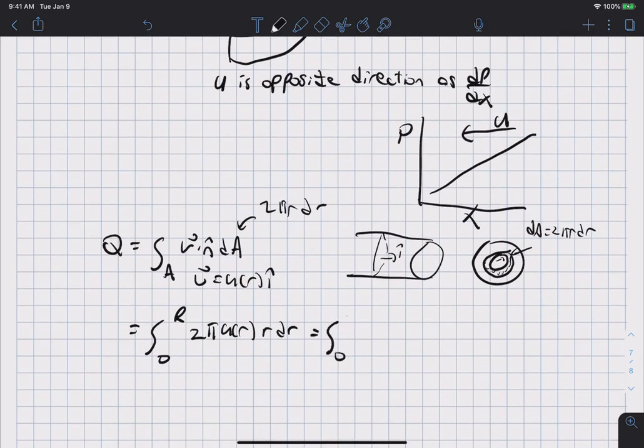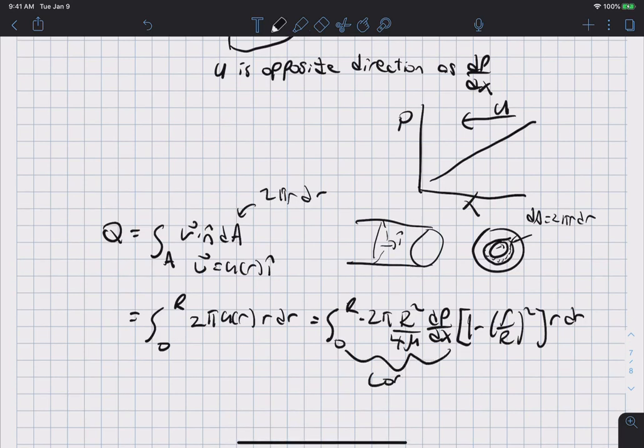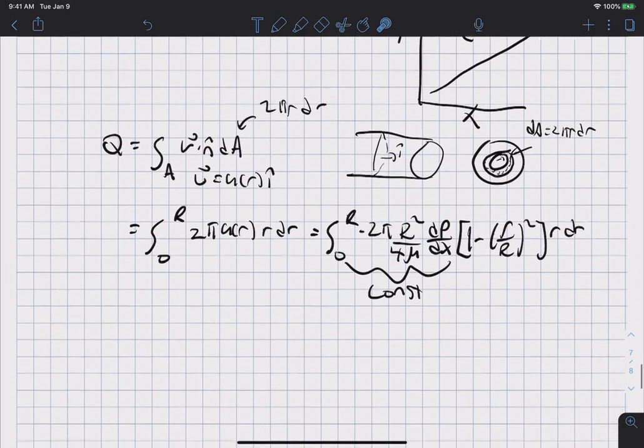This equals the integral from 0 to R of minus 2 pi R squared over 4 mu dp dx, and again, dp dx is just a constant, times 1 minus r over R squared, r dr. And this stuff here is essentially a constant. Recall that this negative sign basically means that the flow is going in the opposite direction as the pressure gradient.